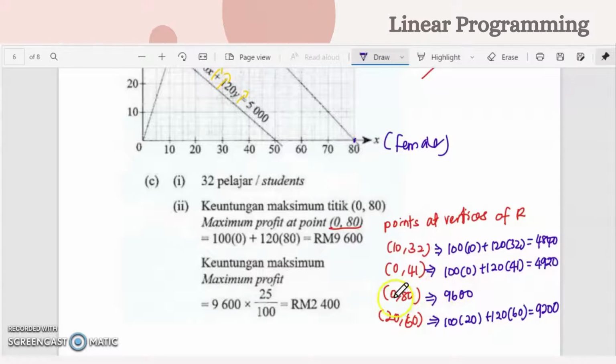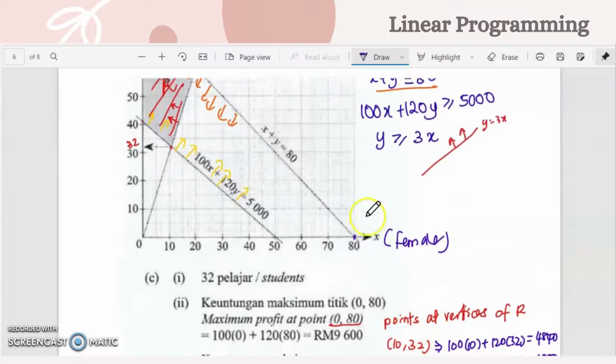Okay, and then bila (0, 80) means that there is no female student, only 80 male students. So the total fee will be 9,600. And this one, 20 female students and 60 male students, we will get 9,200. So the highest total fee is 9,600.